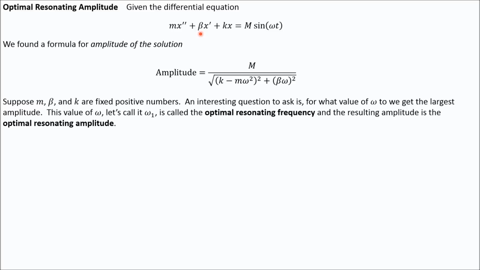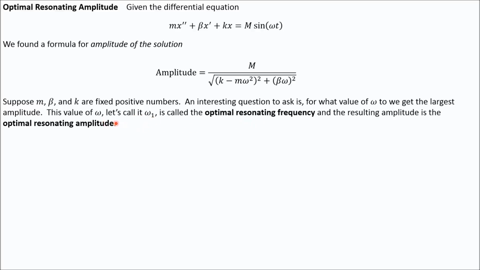This situation is a lot more complicated because of the beta, the resistance. In the case where we didn't have beta, where the resistance was 0, the optimal resonating frequency was the natural frequency, the square root of k over m. But now that we have resistance, the situation's a lot more complicated. We can't ever get pure resonance, but we can get optimal resonance by choosing the optimal value of omega.